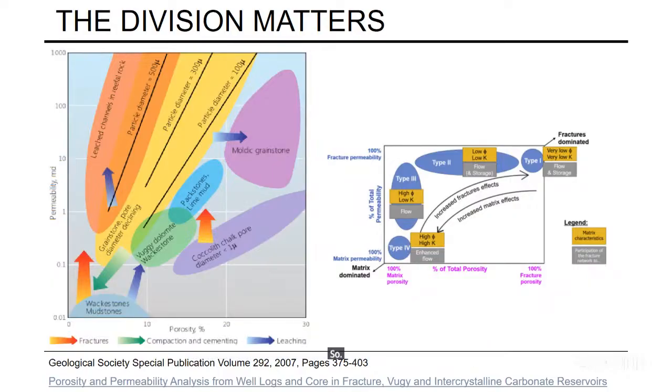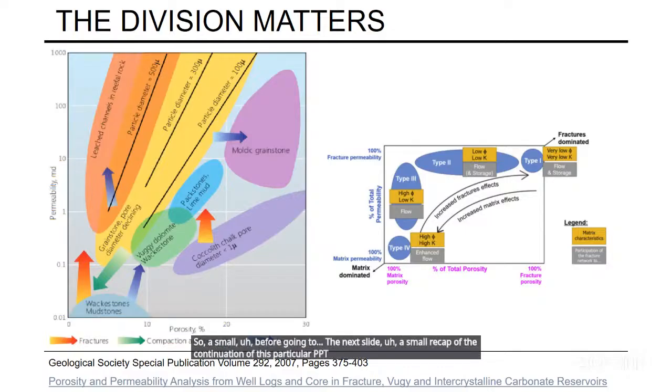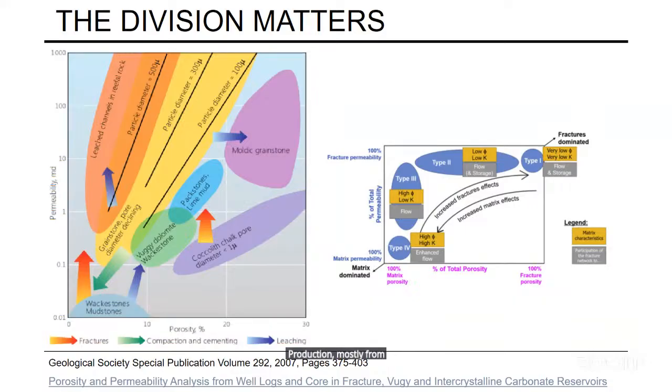Before going to the next slide, a small recap of this PPT: we are in the MENA region, where major oil and gas production comes from carbonates, and these carbonates produce mostly from the matrix or from fractures.